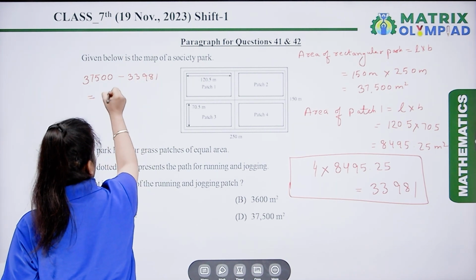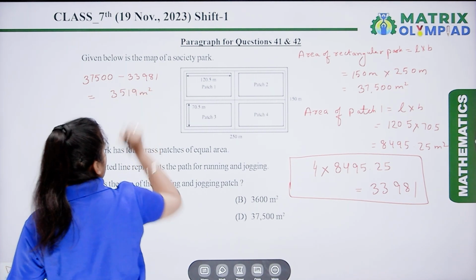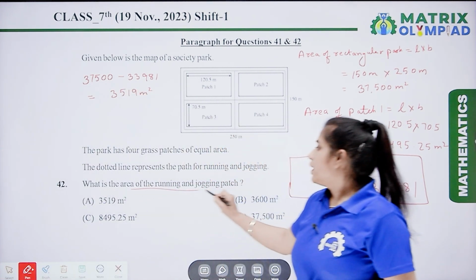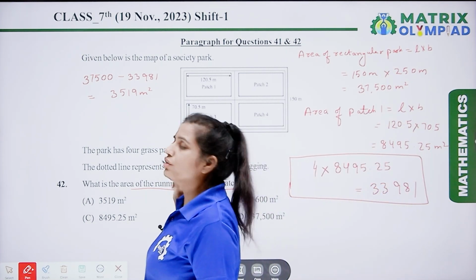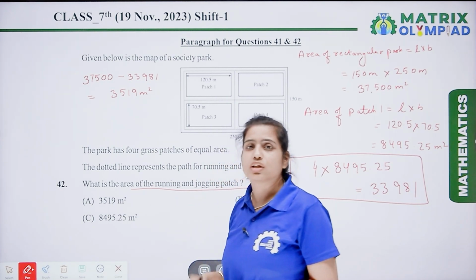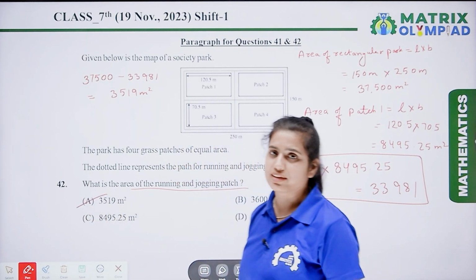So after subtracting we get 3,519 meter square. So the area of the running and jogging patch is 3,519 meter square. So according to the question, we can say that option A is the correct answer.